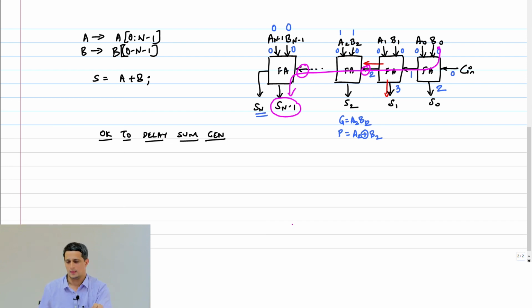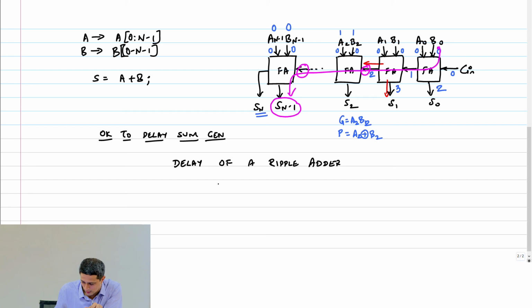Right? So if you look at the delay of a ripple adder, right? It is going to wait till n minus 1 carries are propagated, right? And the last sum is evaluated.